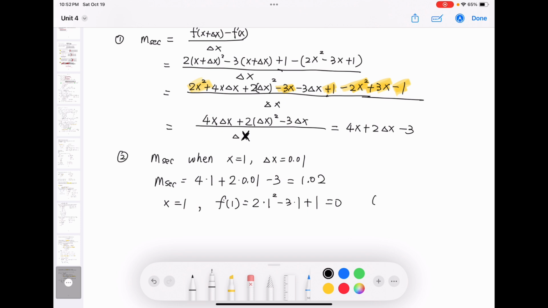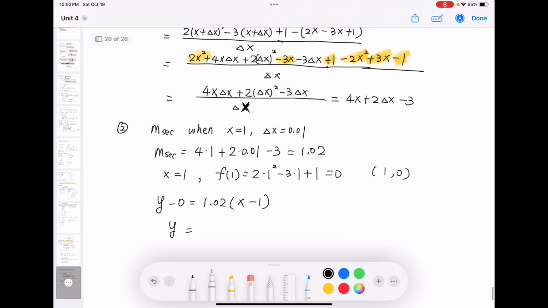So the point is (1, 0). Y minus 0 is equal to the slope, 1.02, times x minus 1. And then y is equal to 1.02x minus 1.02.